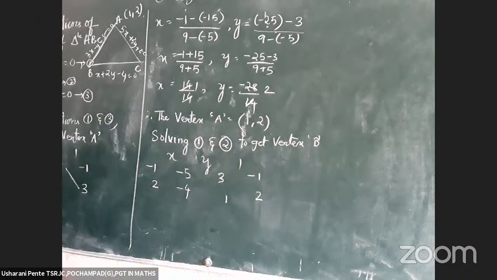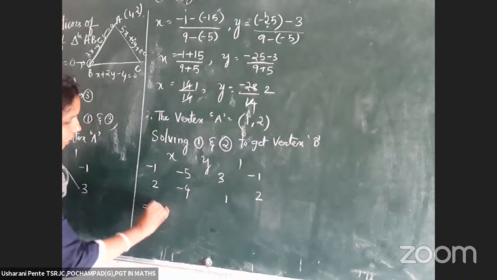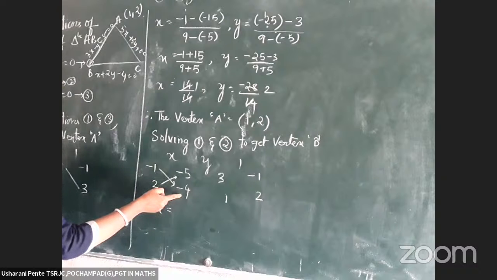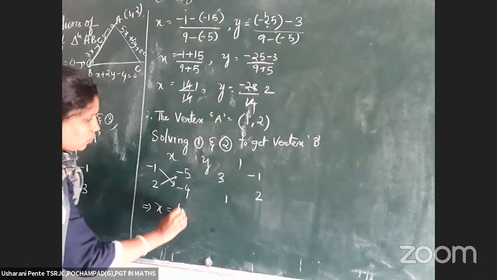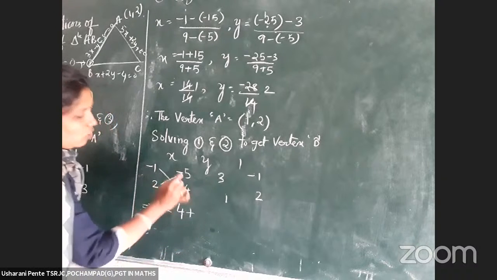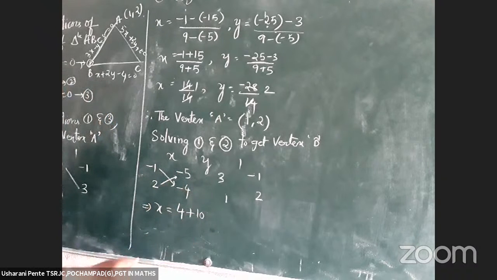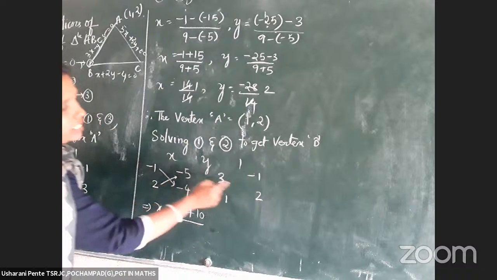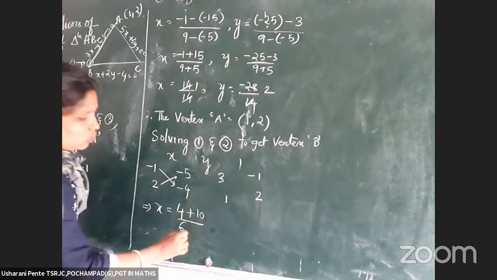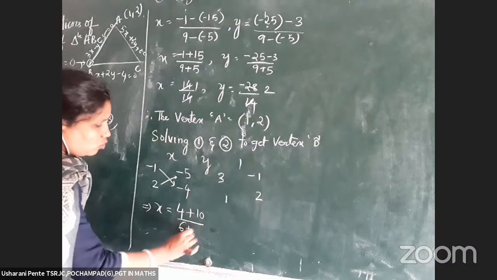Now we need to find x. So that is by multiplying -1 into -4 is equal to how much? 4. Minus of -10 will become plus 10 by 3 times of 2 is 6 and minus of -1 will be plus 1. So plus 1.